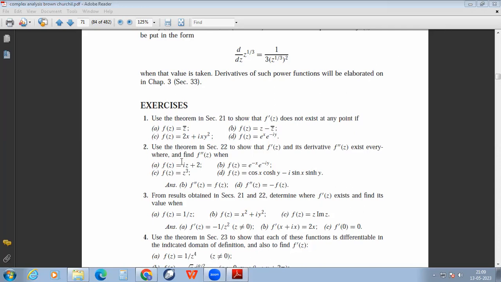Okay, talking of the second question, you can see to show that f dash z and second derivative f double dash z exist everywhere. So what you will do is first you will find out f dash z. For that you need to use your sufficient conditions, means three conditions you have to mention. Show that this is my f dash z. Again see what is the real part, what is the imaginary part.